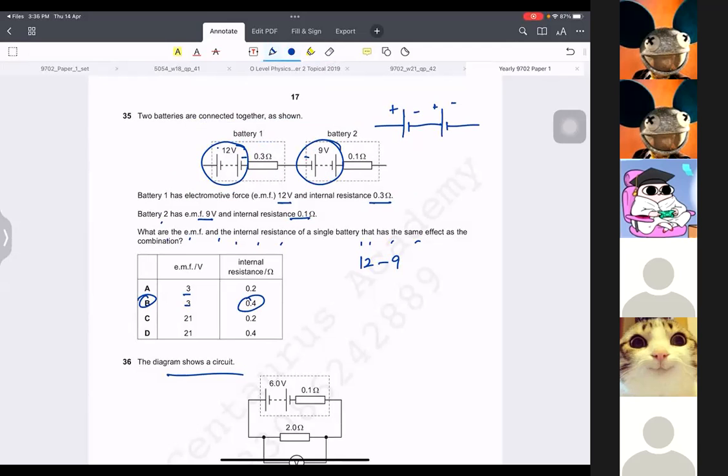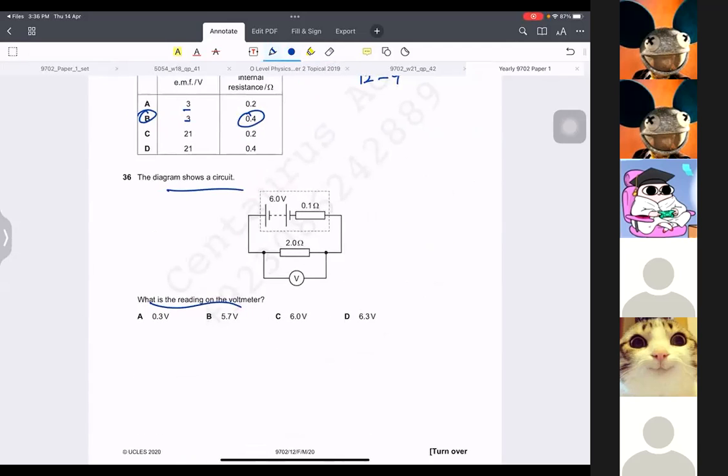Now, the diagram shows a circuit and asks for the reading on the voltmeter. These are two resistors. The EMF is equal to I times R plus I times R. You know this, right? Now, he wants you to find this voltage, but we don't know the current. So first of all, we use this: 6 divided by 2.1.